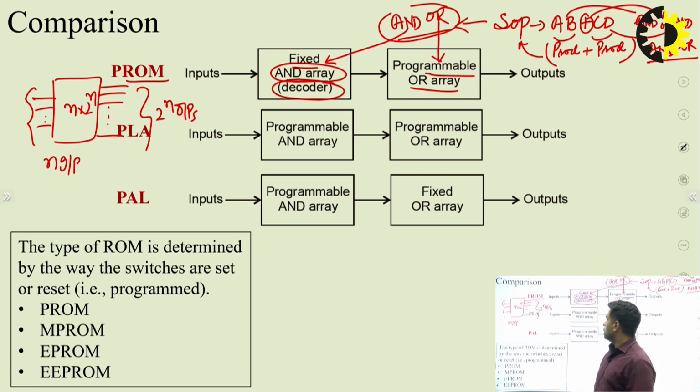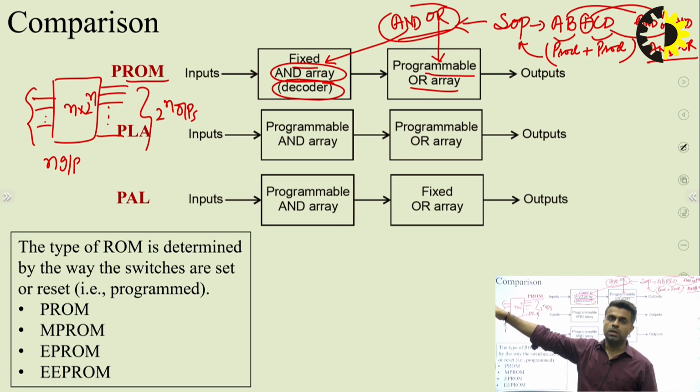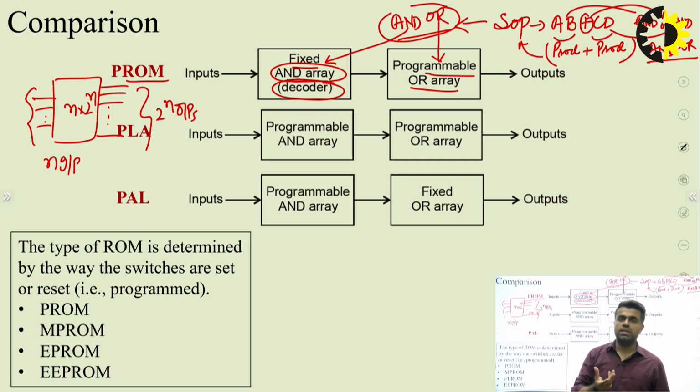All those AND gates are not available to me externally; instead, they are part of the decoder and available inside it. The inside of the decoder is not programmable because it already exists in the form of a decoder. That means this AND part is fixed. I cannot change the AND part of this PROM.